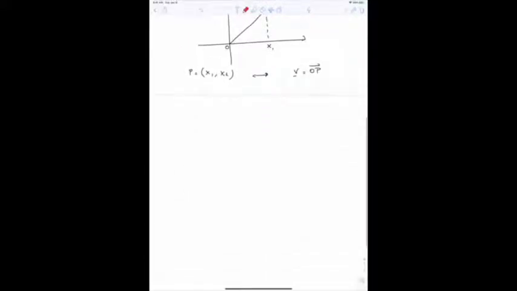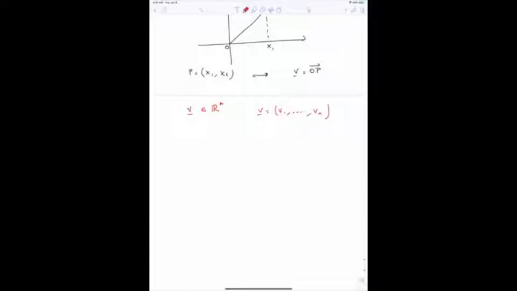Well, we can think about vectors in a multidimensional space. So a vector V in an n-dimensional space can be represented with the coordinates v1, ..., vn.